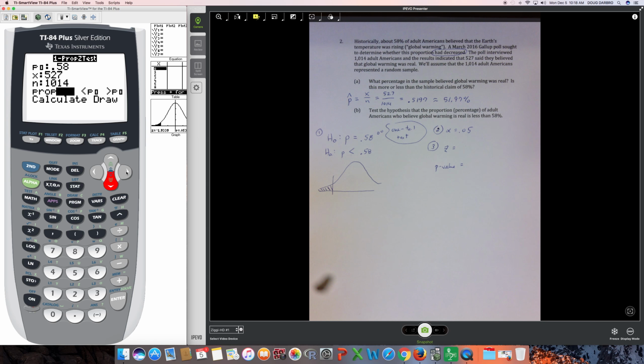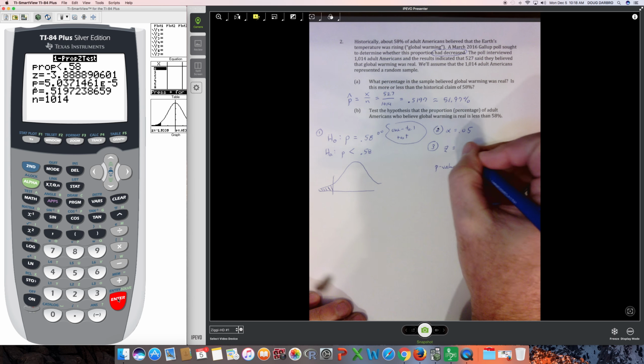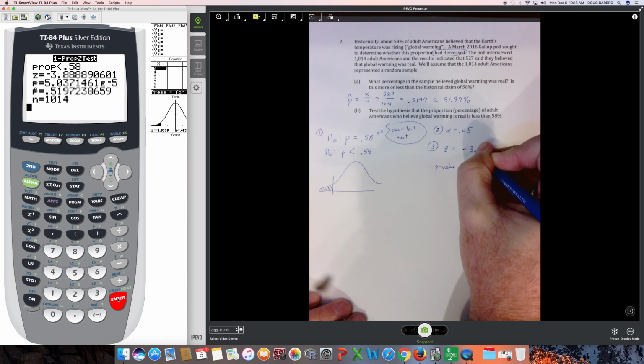But now I have to change to less than. Guys, choose the inequality that matches exactly the one that you have in your alternative hypothesis. So let's just do calculate first, and let's just work the problem and get it behind us. Now, Z is negative 3.89.